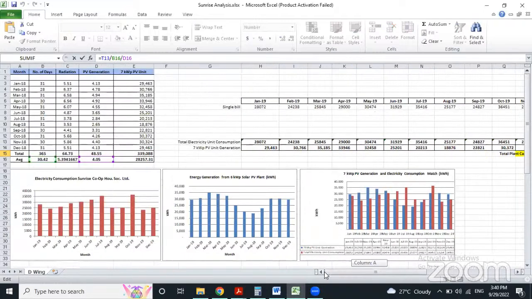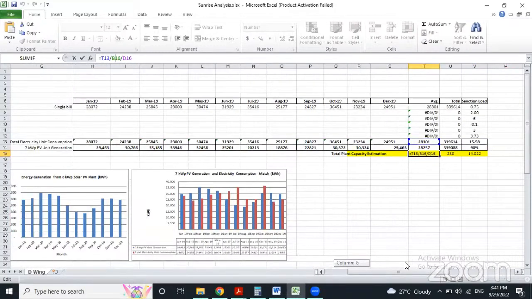B16 is nothing but the number of days, which is 30.4. That is 365 divided by 12 months. So it's not 30 or 31, it's 30.4, the average days in a month over the year.